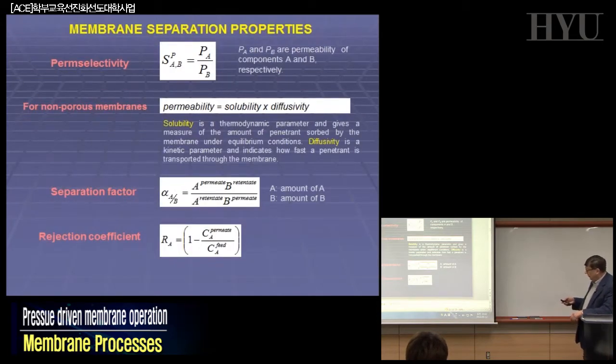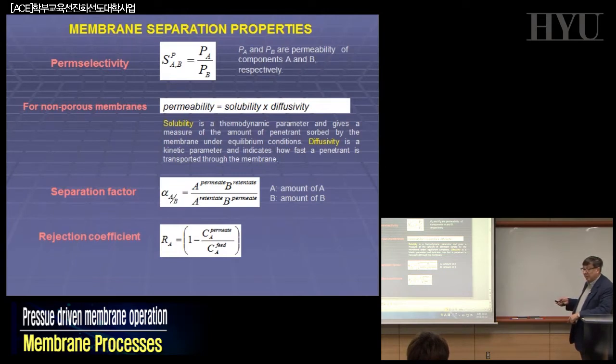So this diffusivity coefficient multiplied by the solubility gives our permeability. And we will use this term more and more in reverse osmosis, in gas separation, in pervaporation, always given in first approximation just by this product.